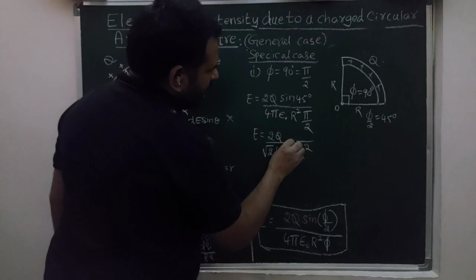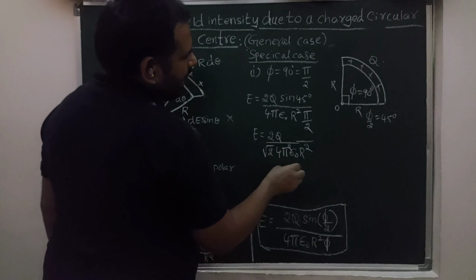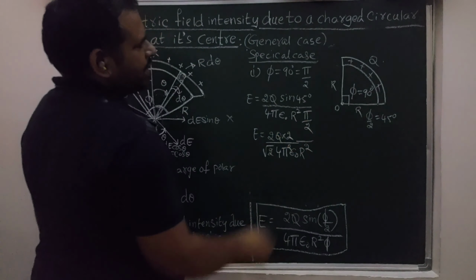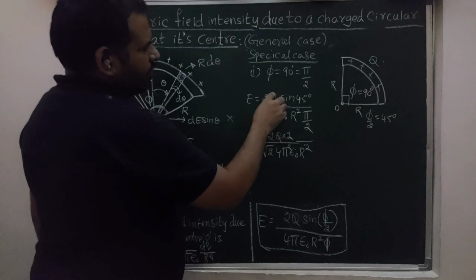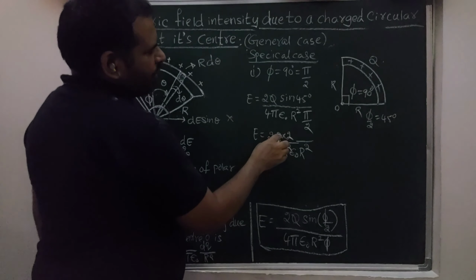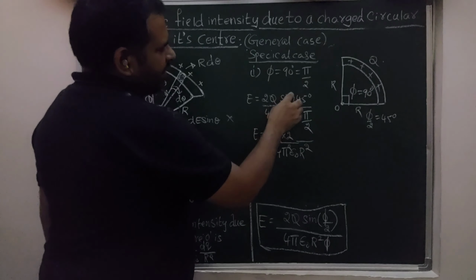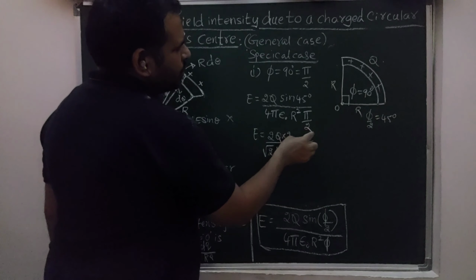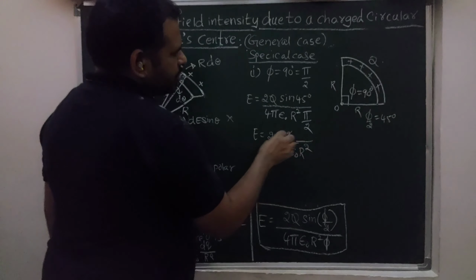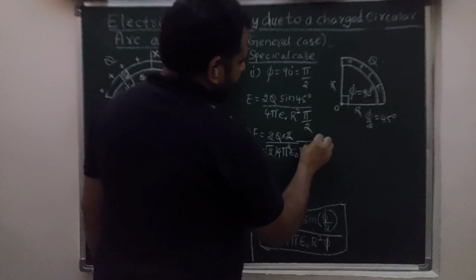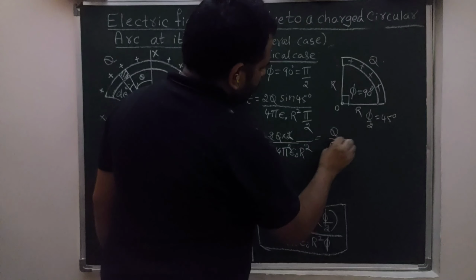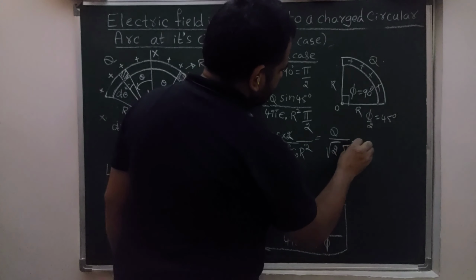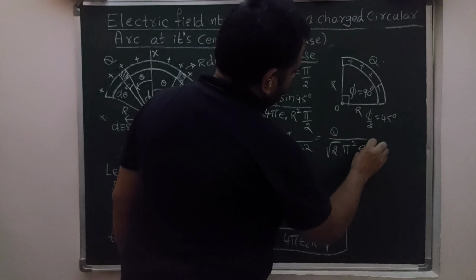Sine 45 is 1 by root 2, so the 2 in the numerator and the 2 in the denominator get cancelled. So we can write Q by root 2 into pi square epsilon naught into r square.